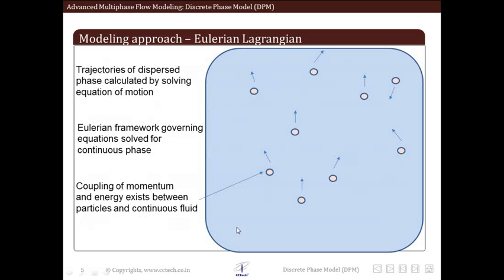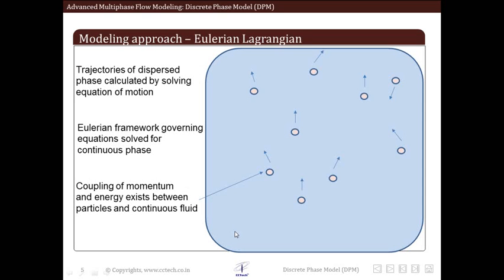So this is a pictorial representation of the Eulerian-Lagrangian approach, which is the basis of the discrete phase model. As you can see, the continuous phase is indicated by the blue continuum and there are discrete secondary phase particles shown here. All these are the discrete phase particles. Now, the trajectory of these discrete phase particles is calculated by the equation of motion.